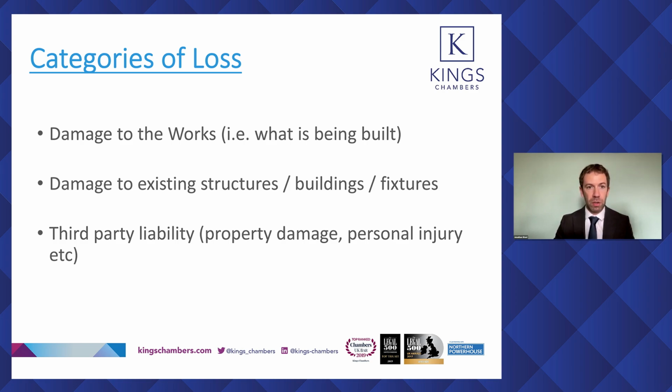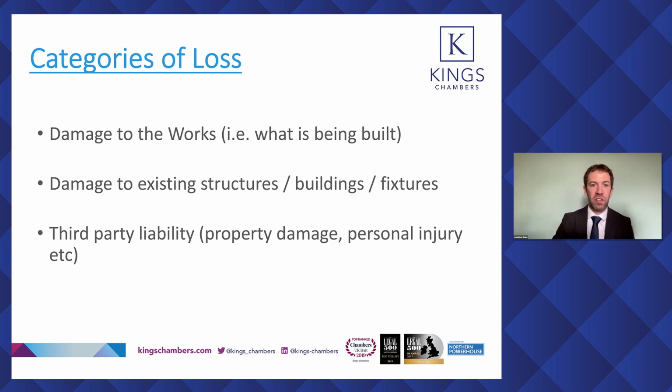So we have, for example, loss to the project works themselves, that is what's being built, loss to existing structures, and then potential third-party liability, which may to some degree overlap with the previous. As an example, insurance option C in the JCT suite will provide for different insurance requirements in respect of the works and for existing structures.